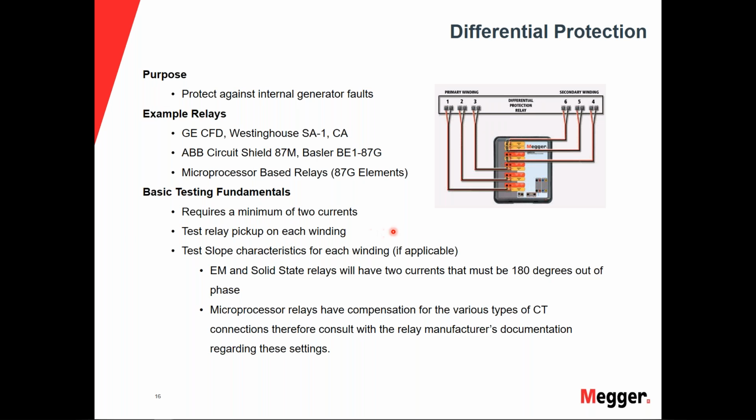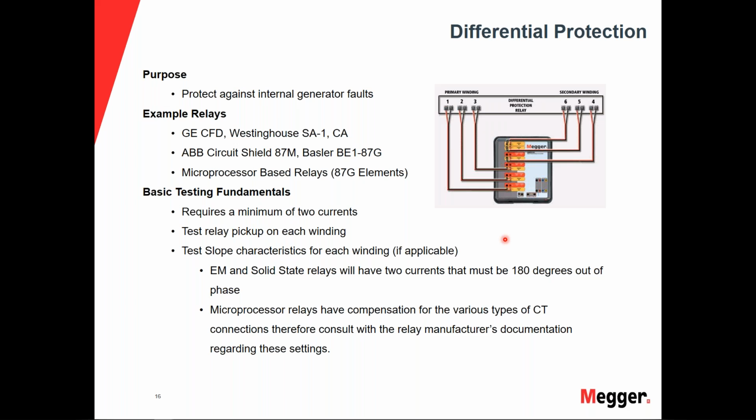When we test, we need to make sure that we have at least a minimum of two currents, because we want to be able to test on both sides of the winding. If we have two different windings in a relay, we want to test winding 1 against winding 2 on the same phase. It would be very good to test three-phase.